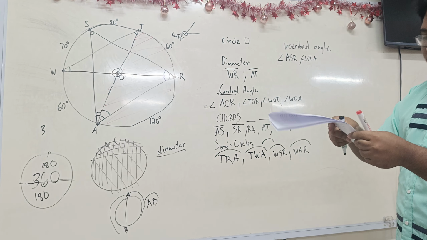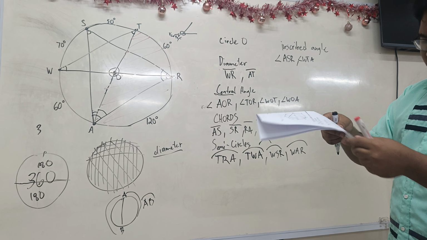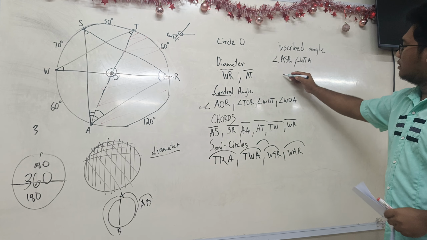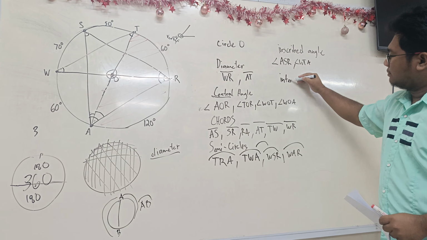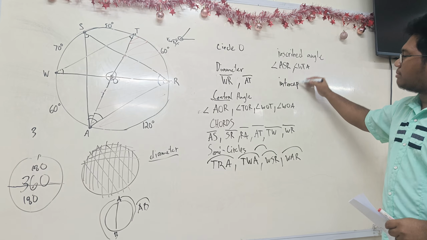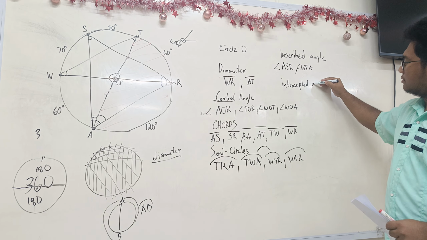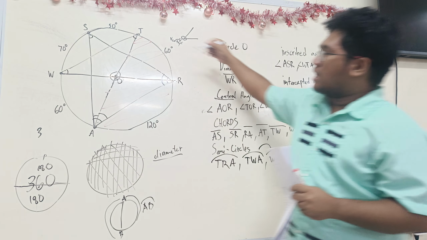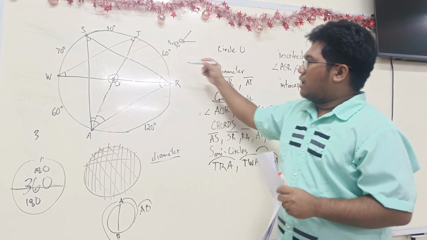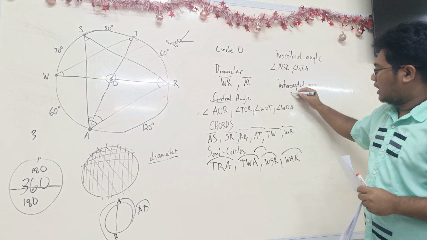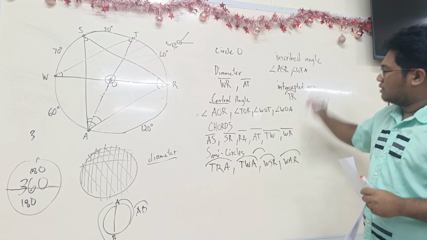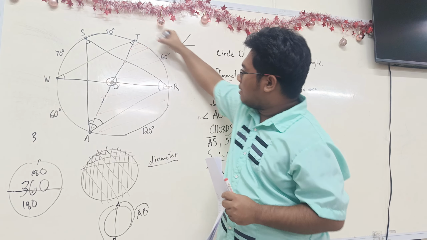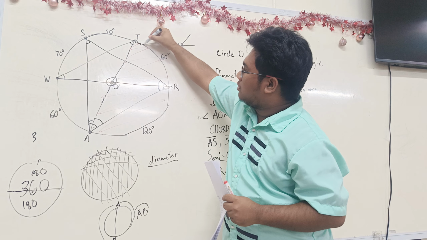Okay? Next, we have intercepted arcs. Okay? So when we say intercepted arcs, ito yung arc na makikita natin dito. For example, here, intercepted arc of TR or intercepted arc TR. Ang tinutukoy natin dito ay ito. T papunta kay R, which is yung distance na ito.